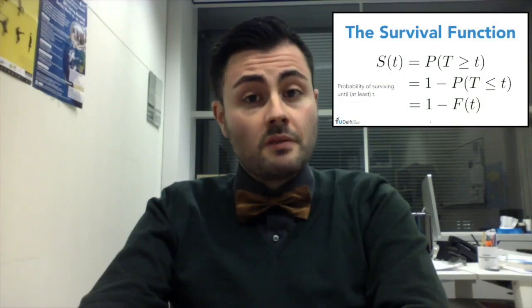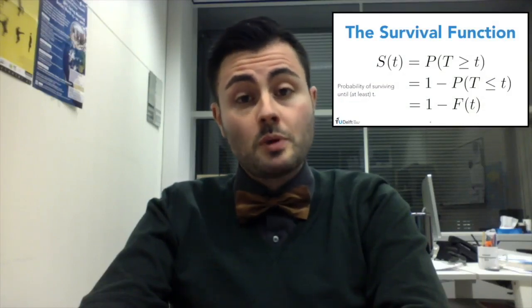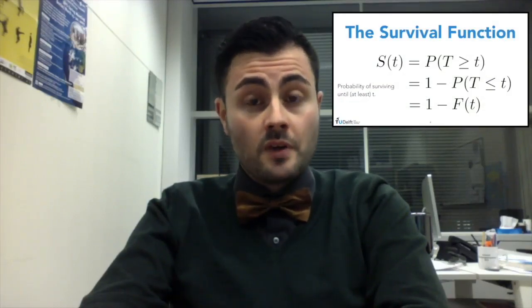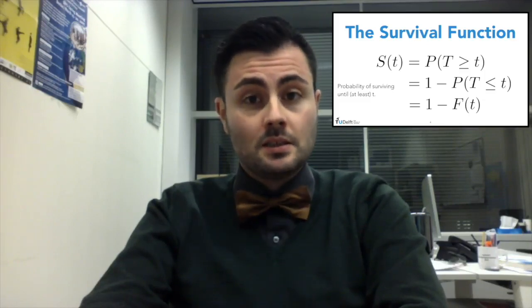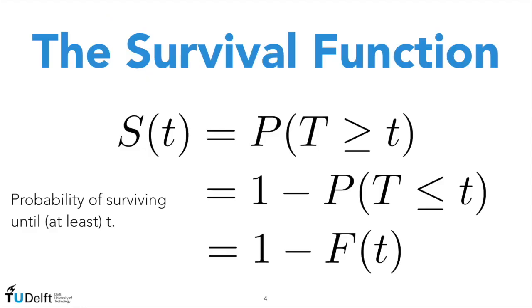A fundamental object in survival analysis is the survival function. Now fix a time small t. The survival function gives us the probability of surviving at least until time small t. This is equal to the probability of our random variable capital T being larger than or equal to small t.